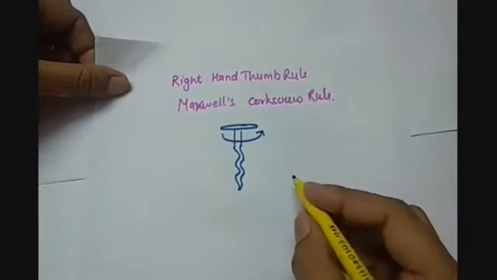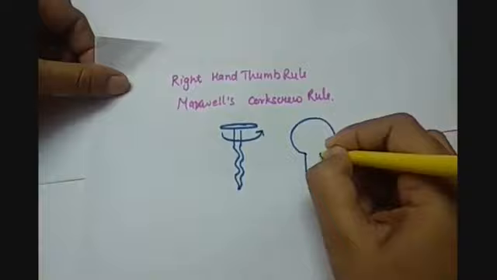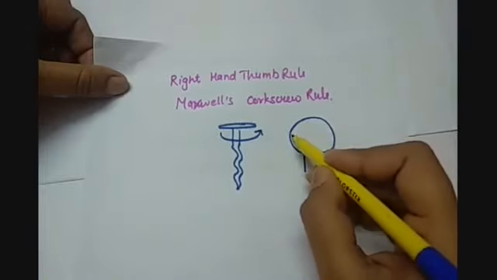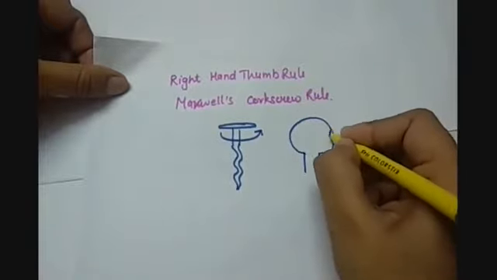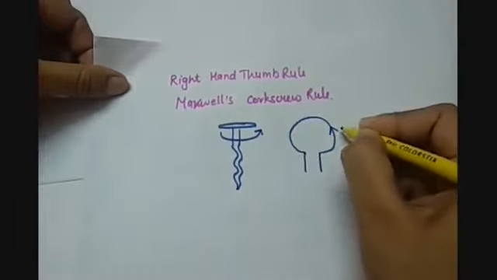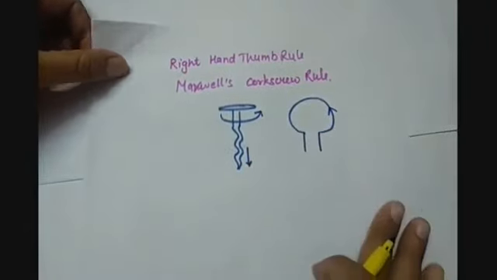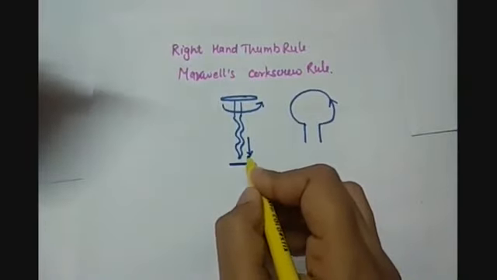Or if we have a circular loop and the current is flowing in it from this direction, then the direction of the screw will tell us the direction of the magnetic field lines.